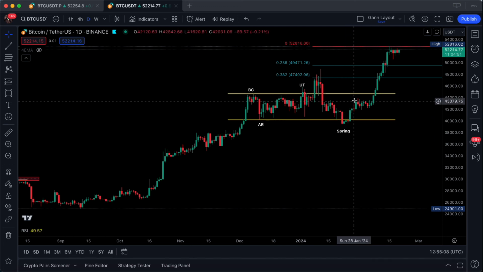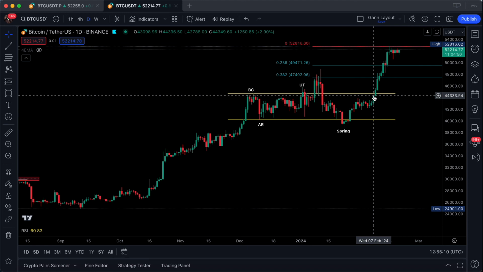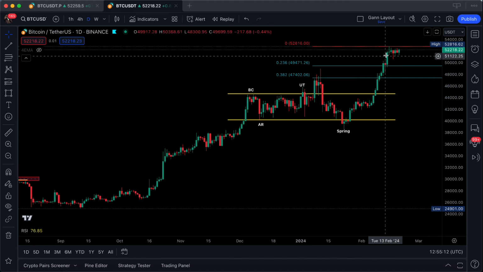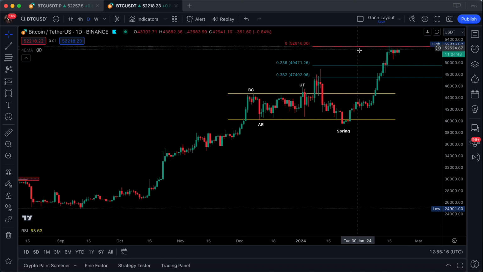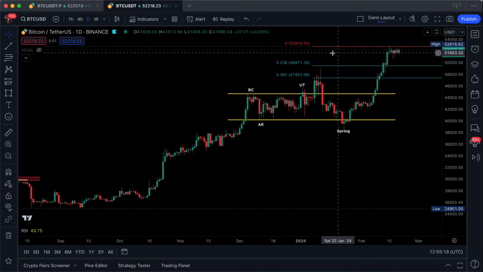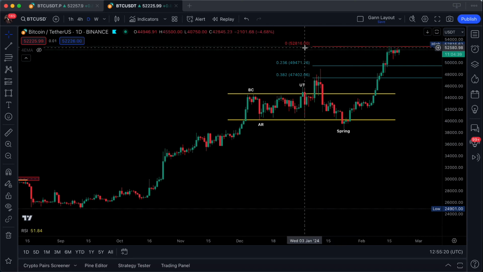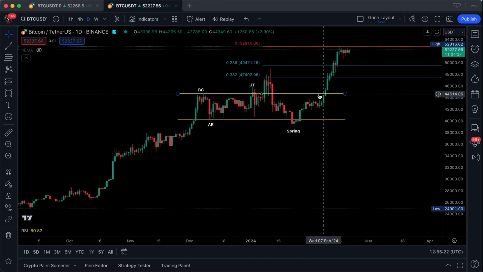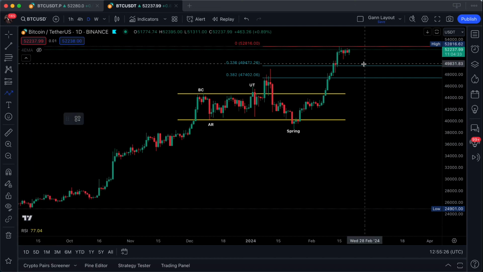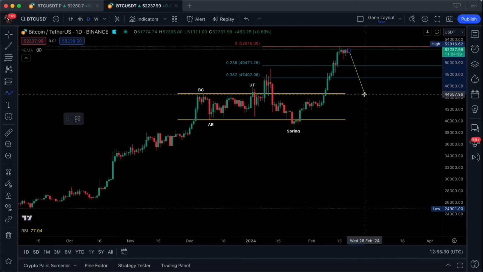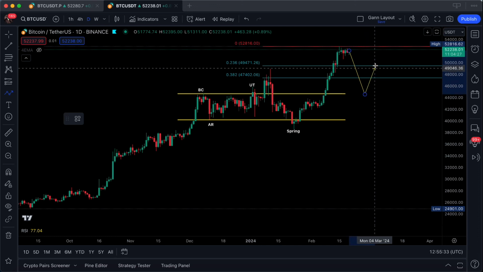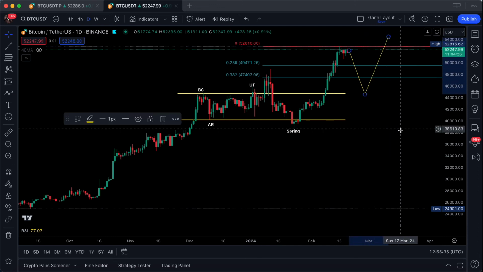Initiated a trend within the range, followed by a breakout. And we are currently consolidating below resistance. What will happen next, I don't know, but maybe we will come back to test this range high again. I don't know if it will happen, but it's a possibility.